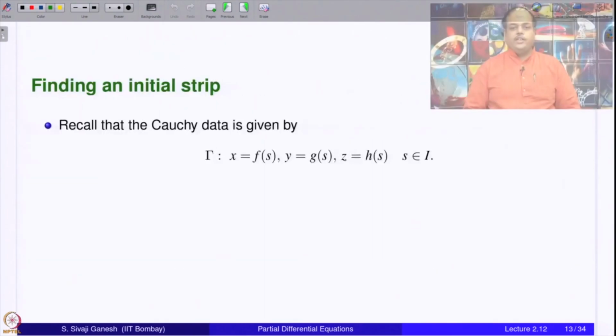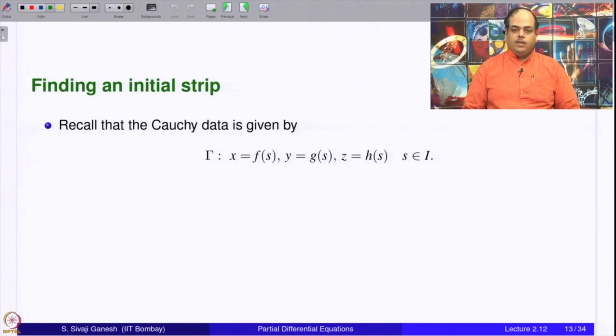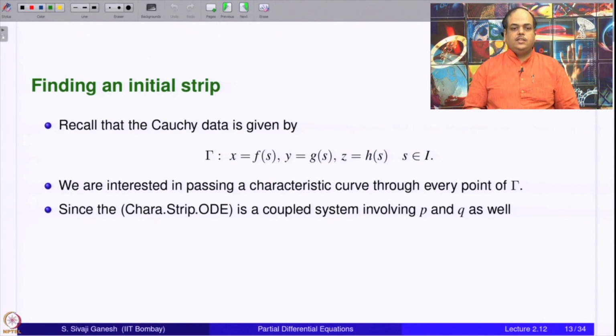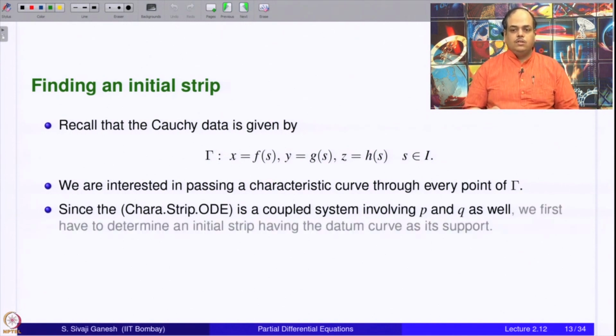So, recall that the Cauchy data is given by x equal to Fs, y equal to Gs, z equal to Hs. We are interested in passing a characteristic curve through every point of gamma. The Characteristic strip ODE is a coupled system involving P and Q also, apart from x, y, z. To find a characteristic curve, you need x t, y t, z t, but the equations involve P and Q. So, we first have to determine an initial strip having the datum curve as its support.